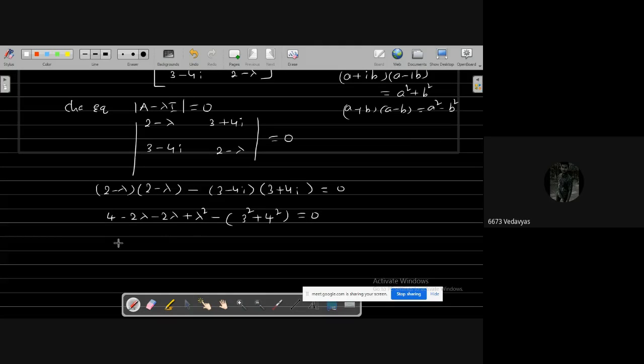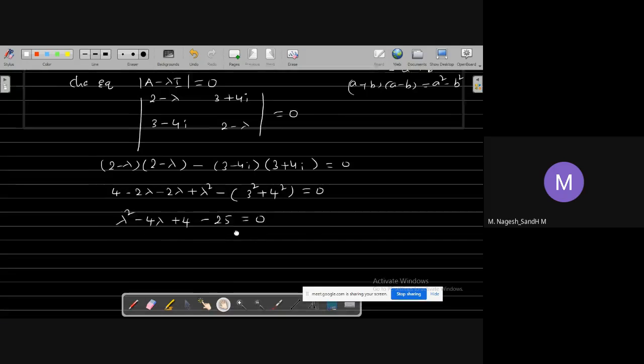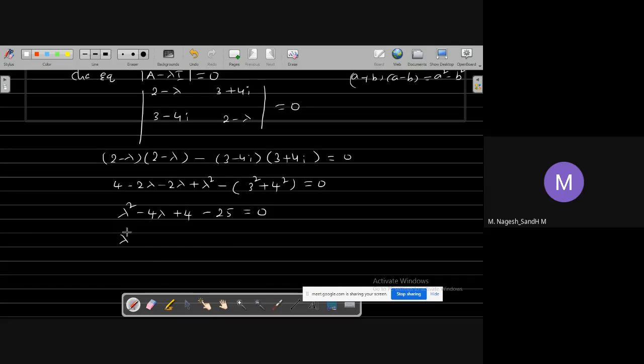So now I am writing lambda square minus 4 lambda plus 4, minus 9 plus 16, which is 25, equal to 0. So lambda square minus 4 lambda, 4 minus 25 is minus 21, equal to 0.